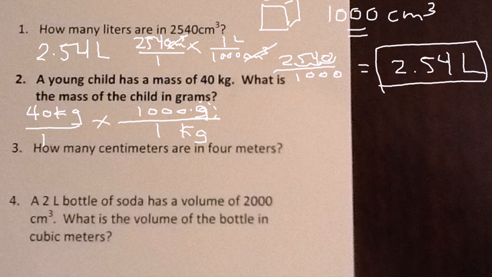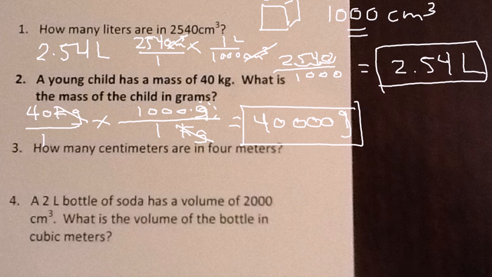So 40 kilograms over 1 times 1,000 over 1, we can eliminate kilograms, and we get our answer: 40,000 grams.